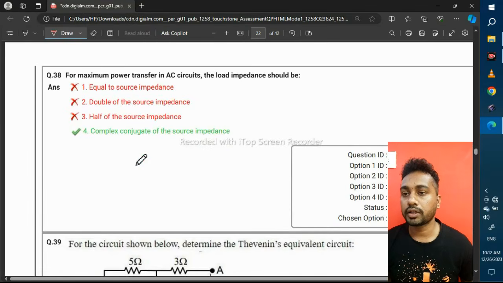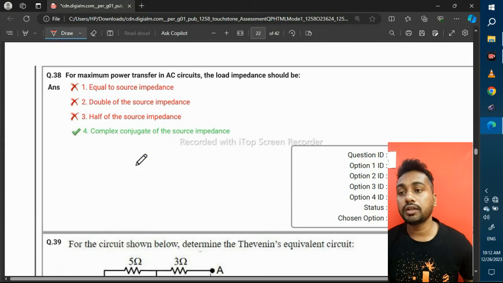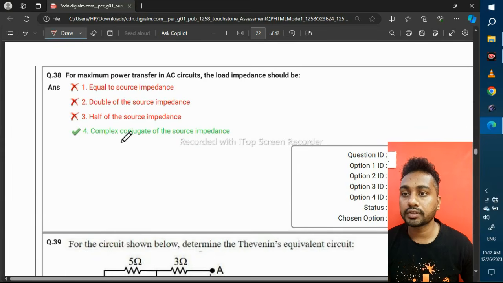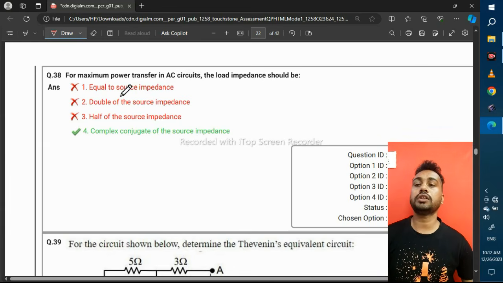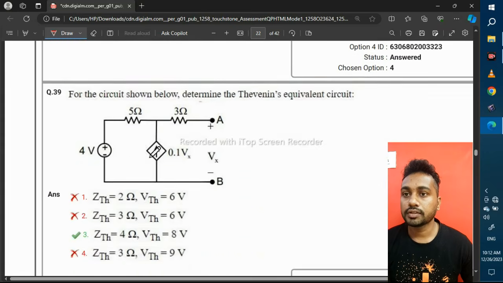For maximum power transfer in an AC circuit, the load impedance should be equal to the complex conjugate of the source impedance. In an AC circuit. If it was a DC circuit, then it would be equal to the source impedance. So here the answer is 4 only. It is right. This is Thevenin.